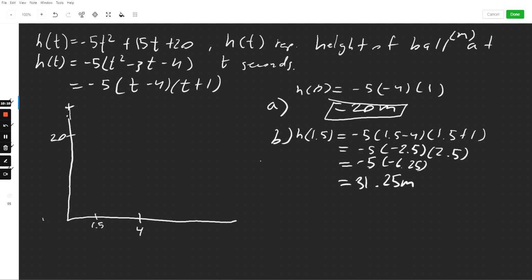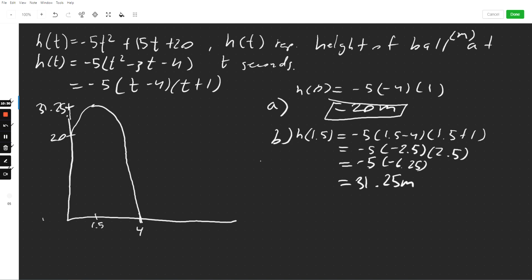We have 31.25. That'll be right over here. And there we have the graph of this function. This is the ball's trajectory.